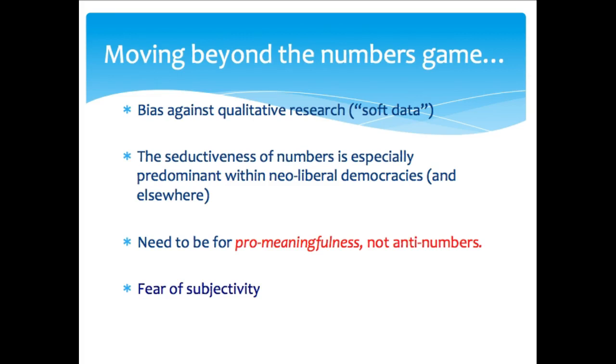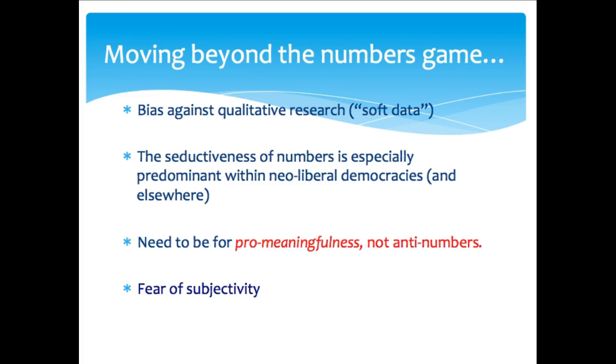Patton then argues that we need to move beyond the numbers game, which is indicated by the bias that sometimes exists against qualitative research, where it's seen as soft data, where we don't succumb to the seductiveness of numbers.